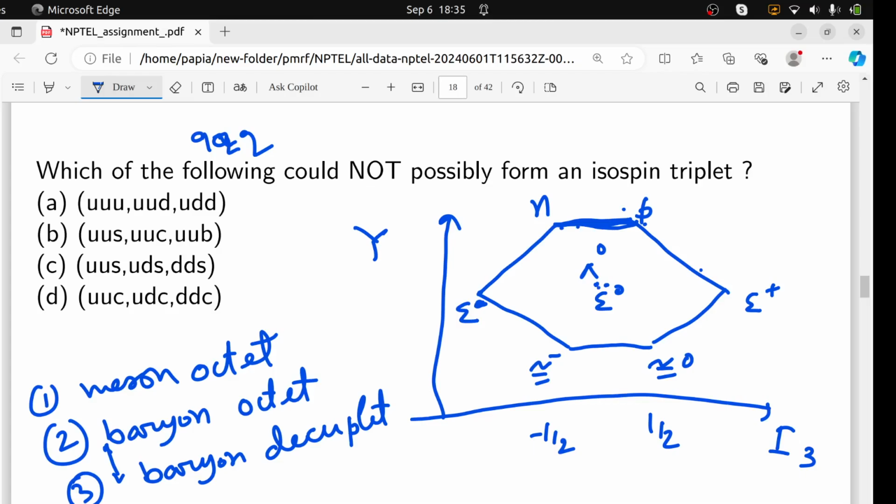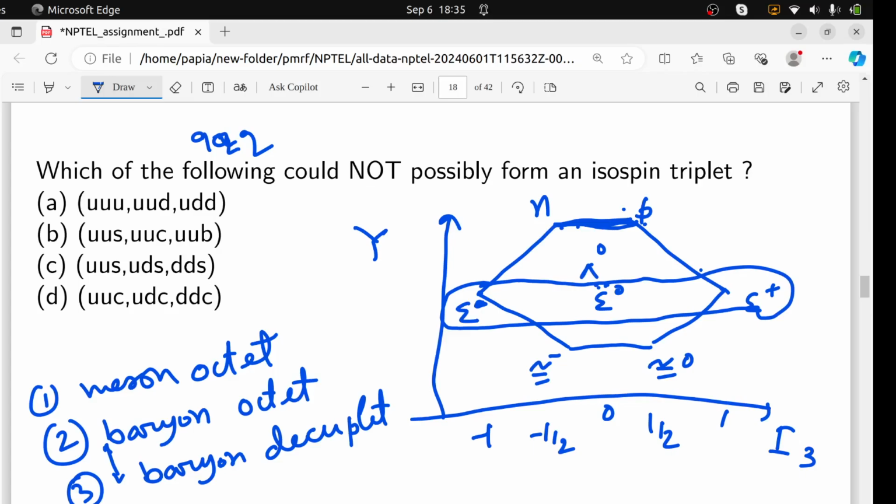For sigma minus, sigma 0, sigma plus, the total forms a triplet state. Why? Because I3 is minus 1, 0, plus 1 for this family. Here it is a doublet, an isospin doublet.